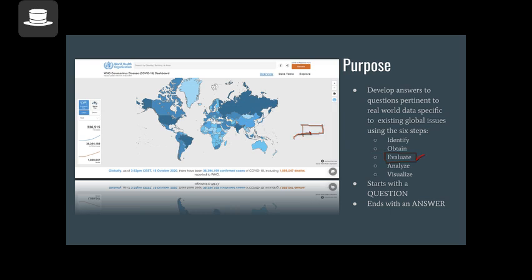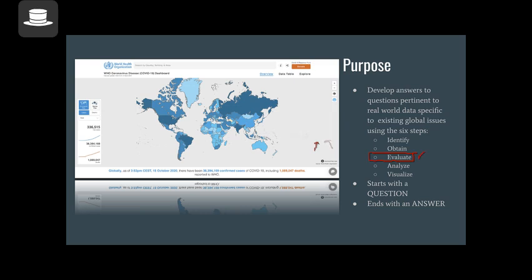Is it in a format that would allow me to work on it so I can answer the question? Or do I need to make changes? Does it have some issues in it? If so, is there a way to fix it? All these skills are relevant to this particular step called evaluating the obtained data set.